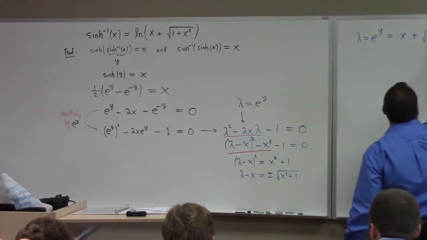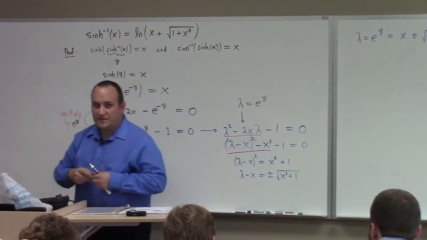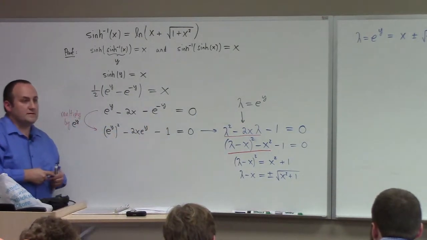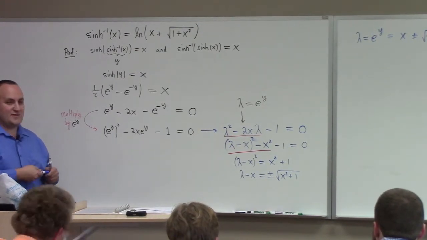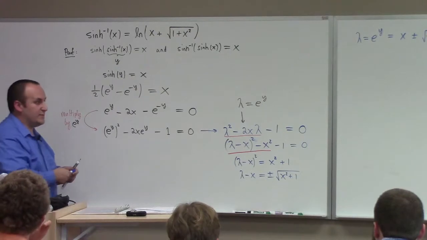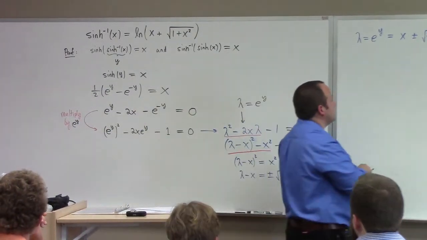Taking the square root of something squared brought into play this plus or minus, but is it real? Do we really need plus or minus? Can we make an informed decision on which sign we should keep here? Which one and why? Plus, and why do you say plus?